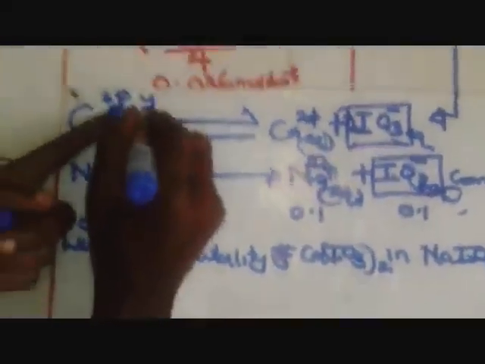Now after knowing that, we are going to let the solubility of calcium iodate in sodium iodate be, for example, Y. If it is Y, it implies that here you have Y, and here you have Y, but here we shall get 2Y. Now here we are going to find the concentration of the calcium ions.